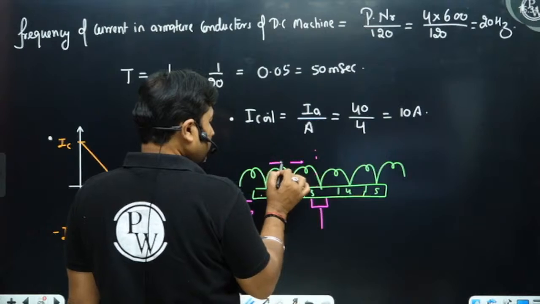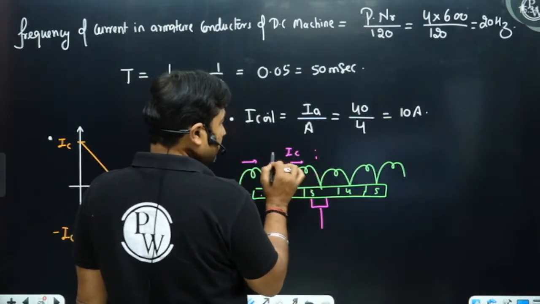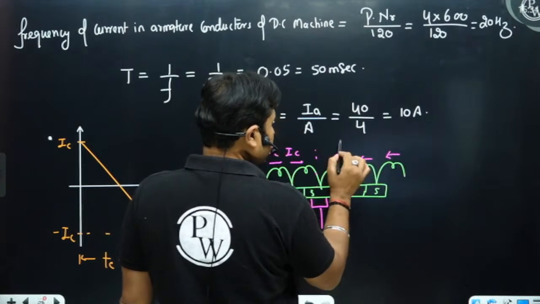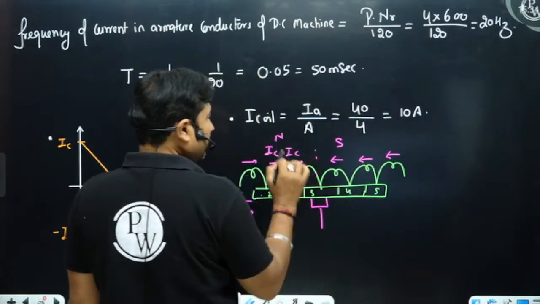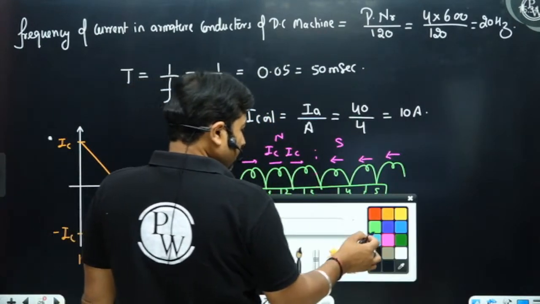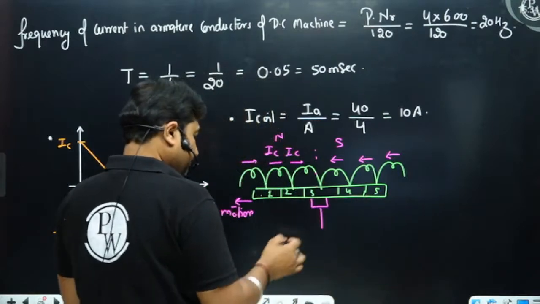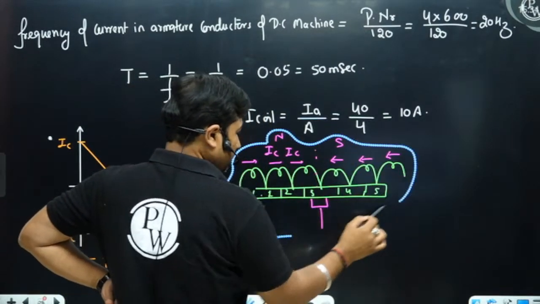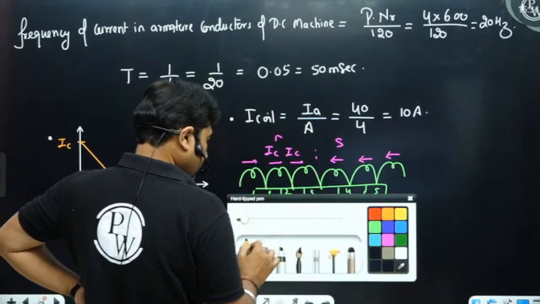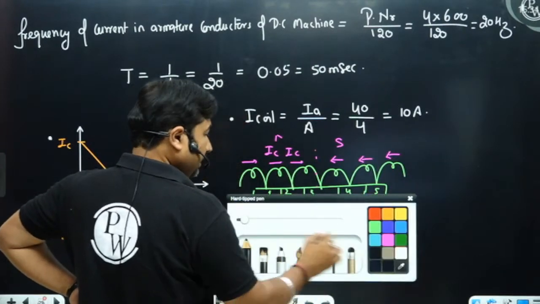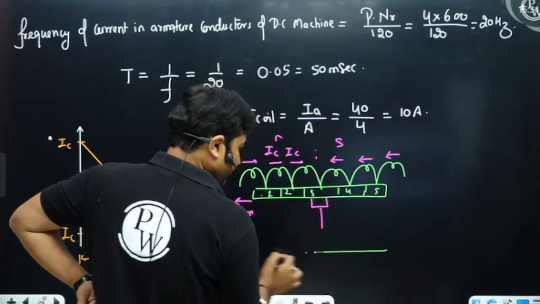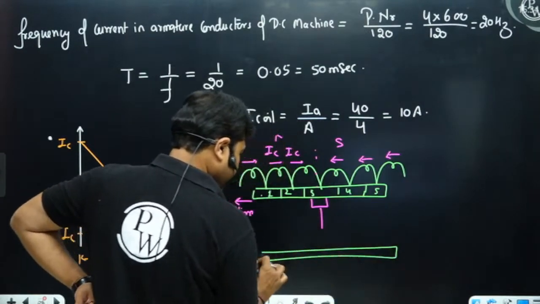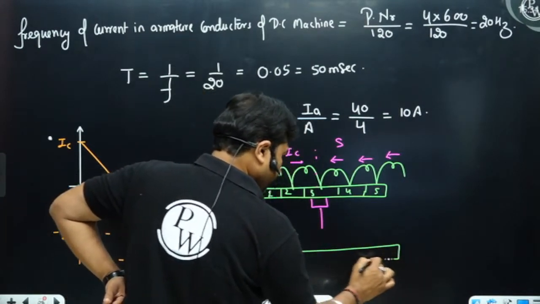So all these coils under the influence of south will carry current IC. Now, at the instant when they are being shorted by the brush, please be careful.